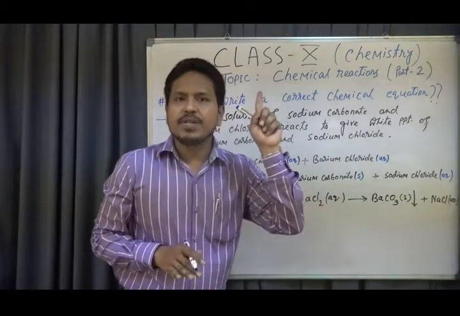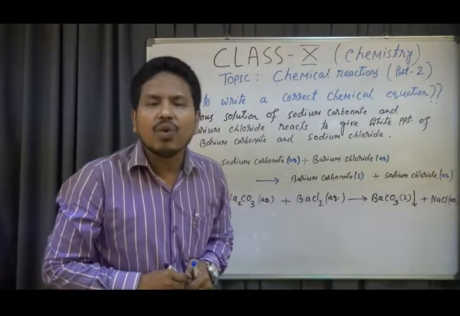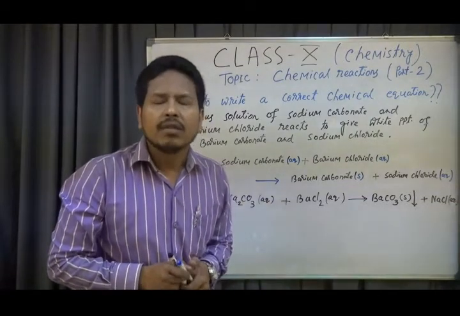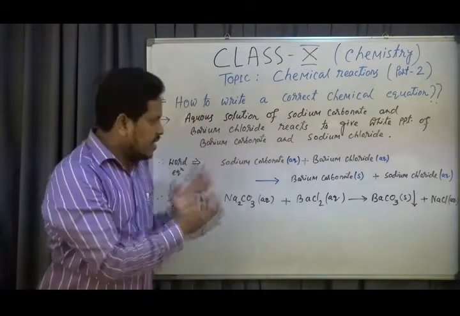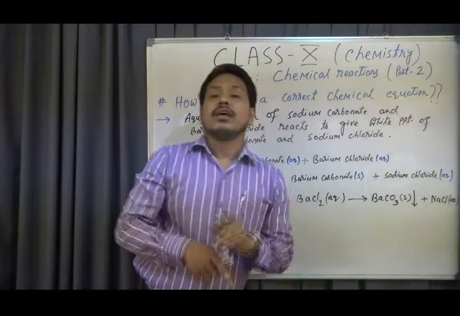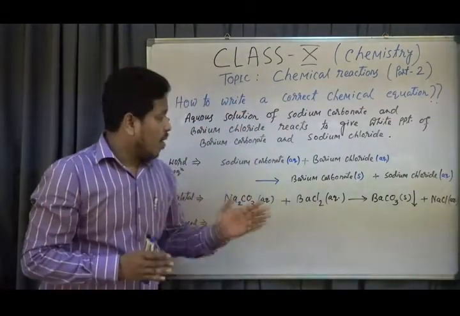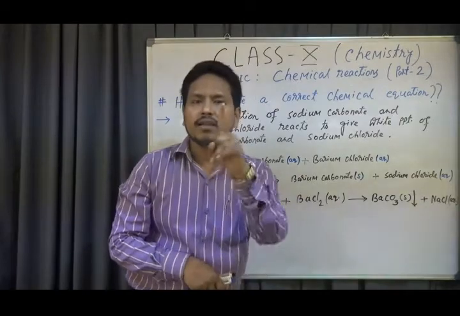Already I have mentioned in the previous class that every chemical equation must be balanced according to the law of conservation of mass, mass can neither be created nor be destroyed. That is why masses of the reactants must be equal to masses of the products. That is why the number of atoms of reactants must be equal to the number of atoms of products. That is called a balanced chemical equation.